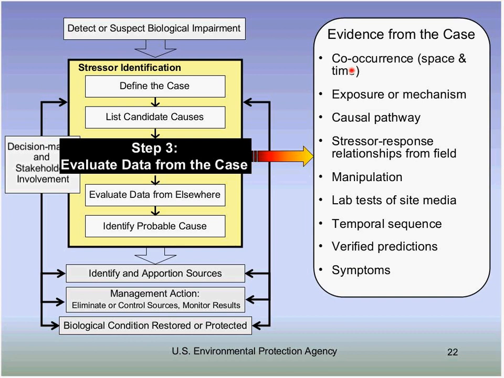Rarely are you going to have all the data to use all these evidence types, but the one we're most interested in is what's called co-occurrence. This is looking at evidence that occurs in space and time. It's really looking at the question of, did I have chemical data or stressor data present at the same time that I observed my biological effect?